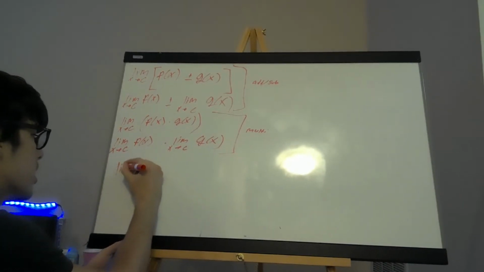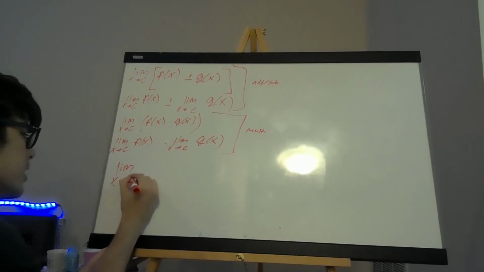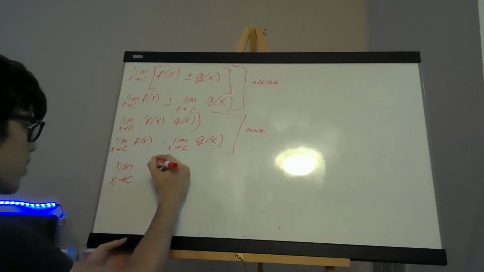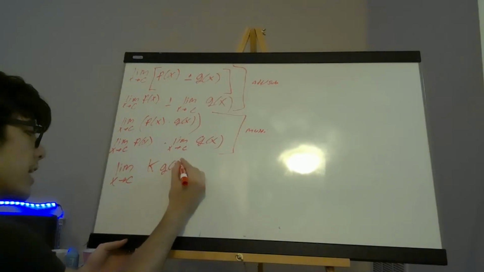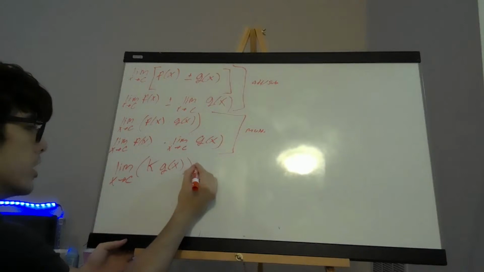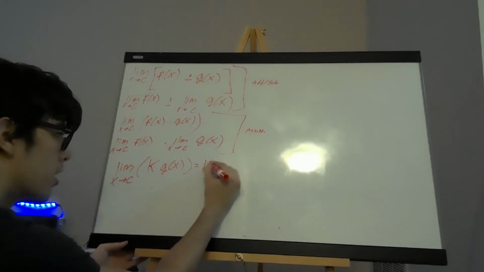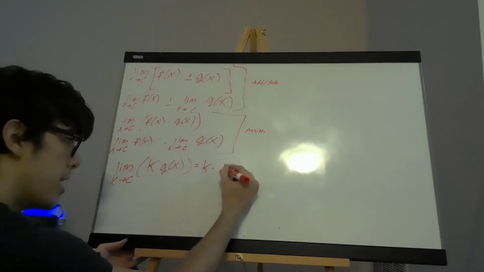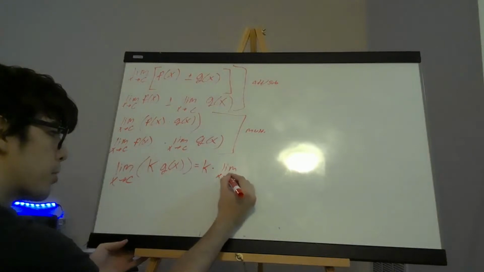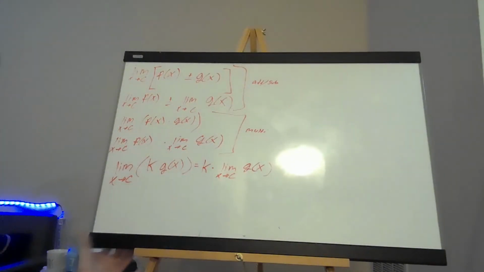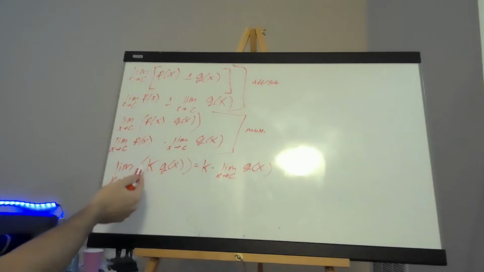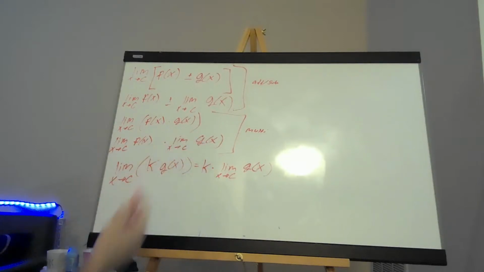So the limit as x approaches c of k, which we will call our constant term, times the function g of x is equal to the constant k times the limit as x approaches c of g of x, which essentially means that we're just taking the constant outside of the limit and putting it out front.